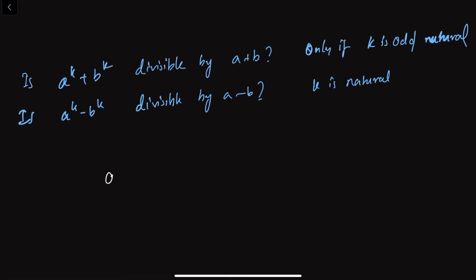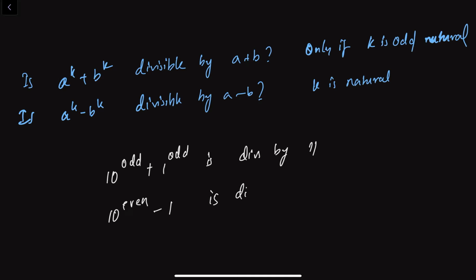So if we consider 10 to the power odd plus 1 to the power odd, this is divisible by 11. Whereas if we have 10 to the power even minus 1, that is also divisible by 11.